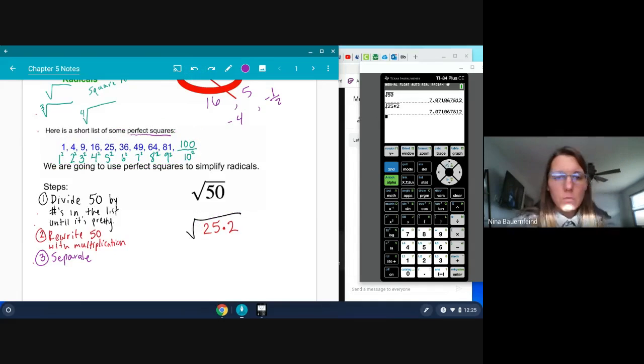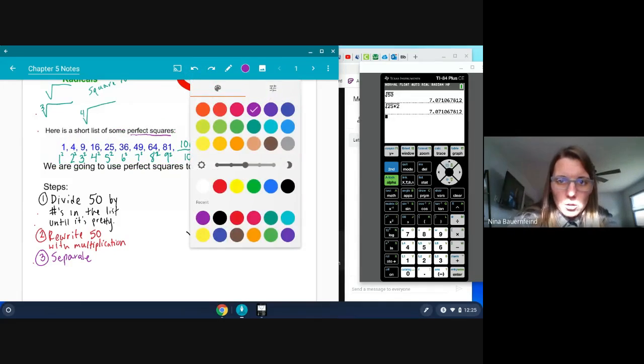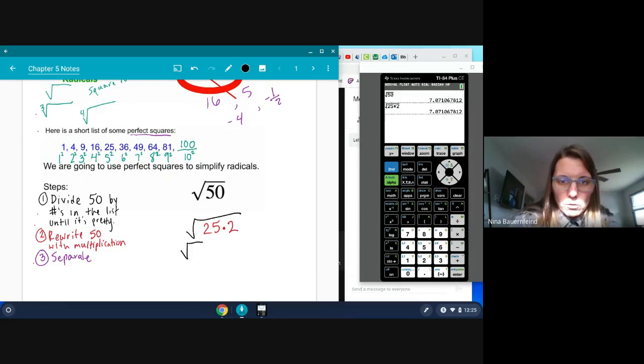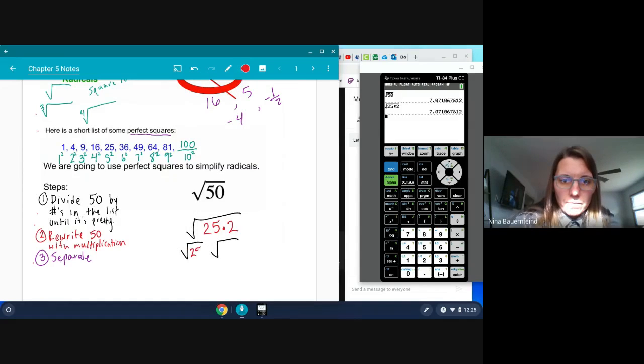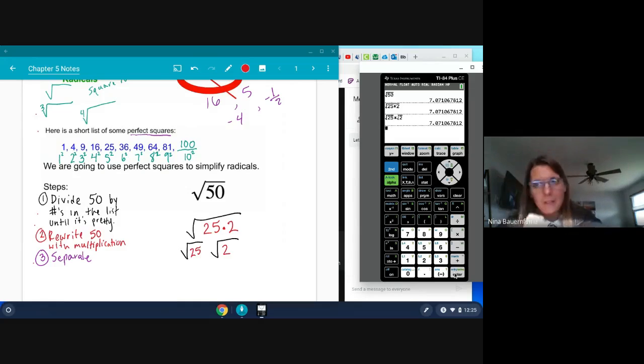So what we're going to do then is split this into the square root of two things. Square root of 25 times the square root of 2. I'm going to go square root of 25, I'm going to go outside that, times square root of 2. Still have that same weird number. Okay, so we're still good.